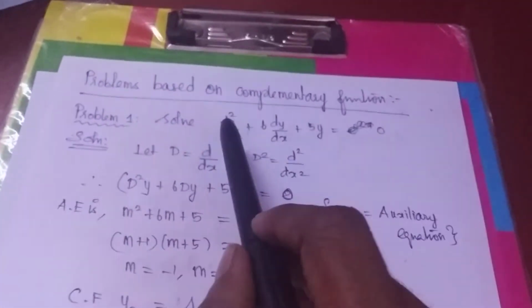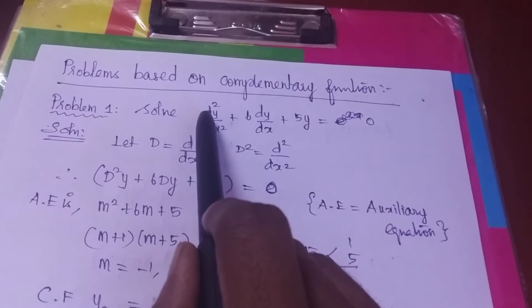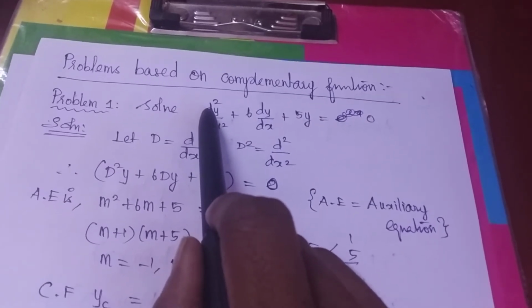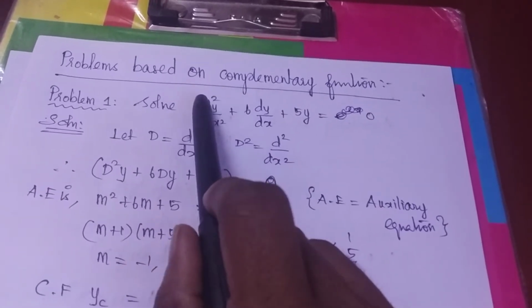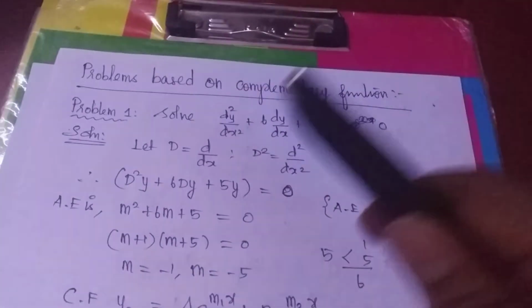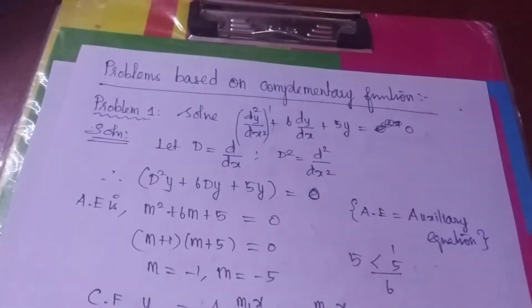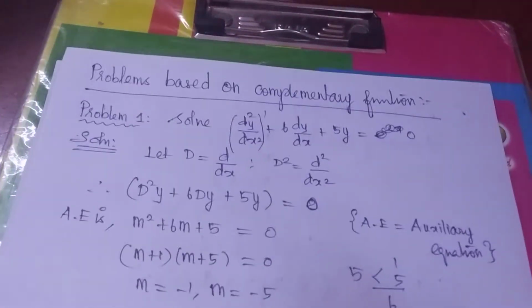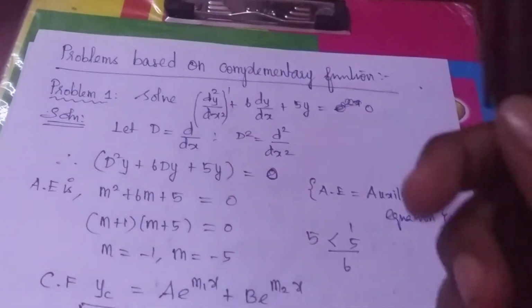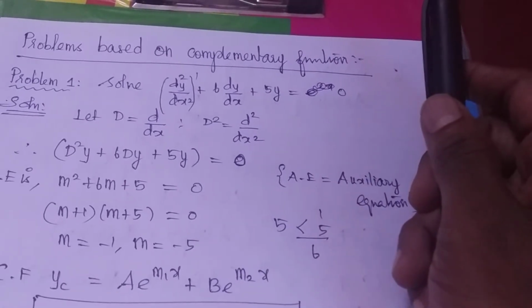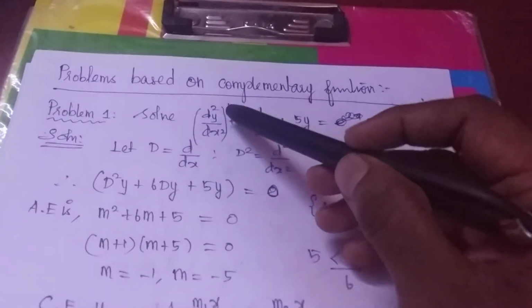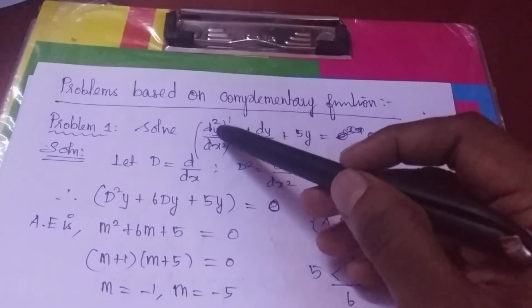How do we define this? The highest order is 2 and its power is 1. Degree 1 means a linear equation. So how do we define degree?